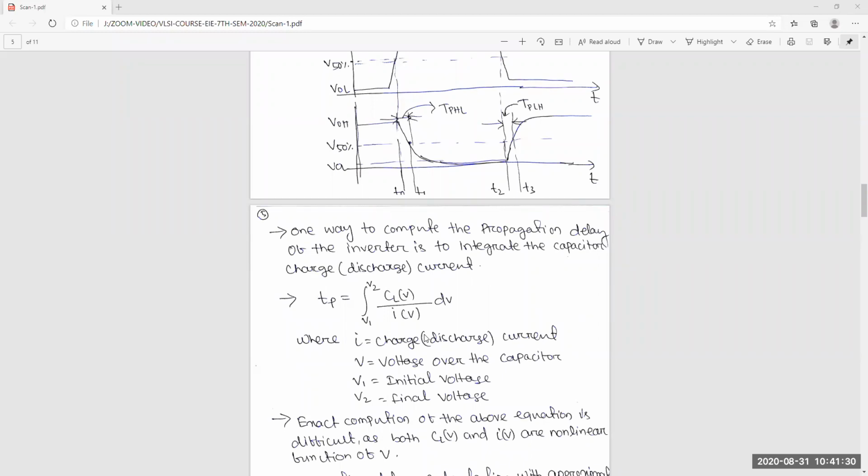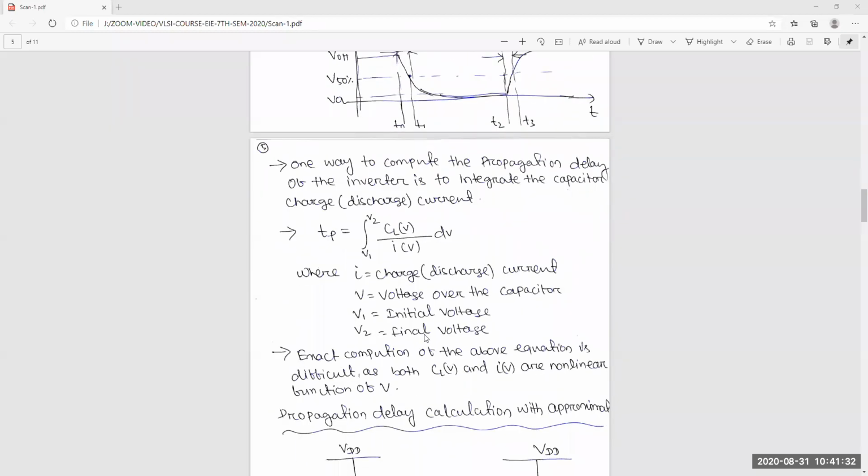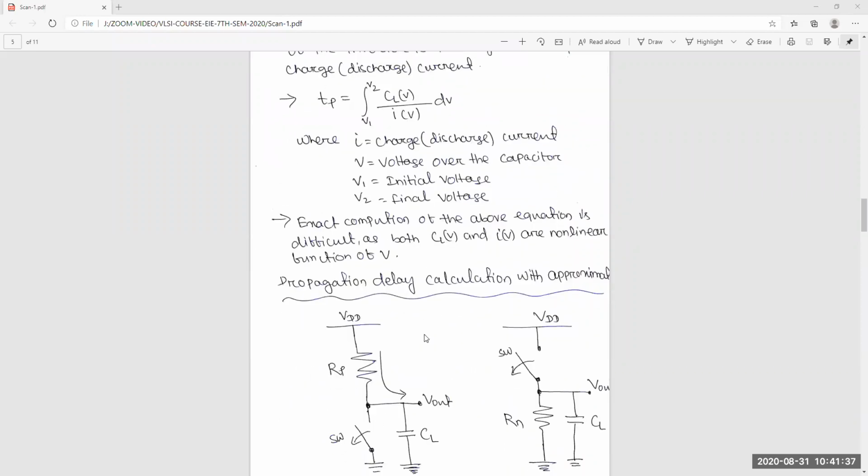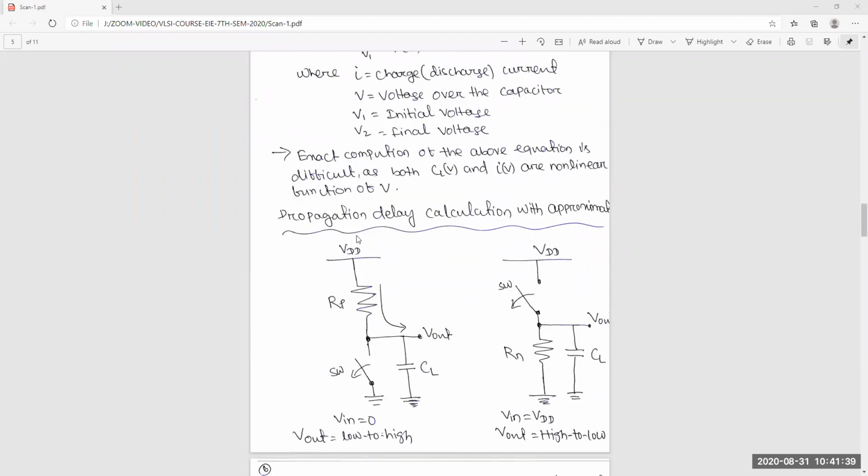So what we will do is use a very simplified model for the propagation delay calculation. Suppose this is an inverter. For that inverter, suppose you are giving Vin equal to 0.